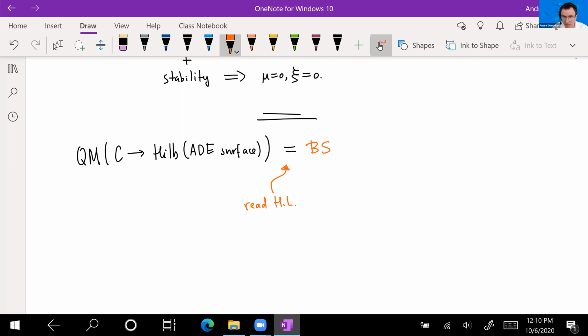Then the virtual structure sheaf is just a Koszul complex of the dual of that vector bundle, and for this to resemble a Dirac operator, that vector bundle has to look like the dual of the tangent bundle.